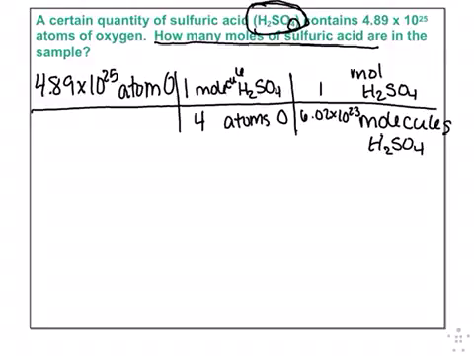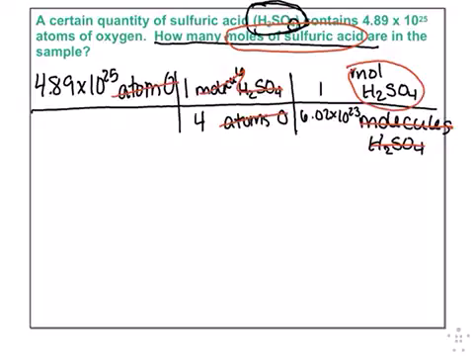So we can check that our units cancel out. We have atoms of oxygen, and then atoms of oxygen will cancel. Your molecules of sulfuric acid with this molecules of sulfuric acid, and we are left with moles of sulfuric acid, which is what we want.